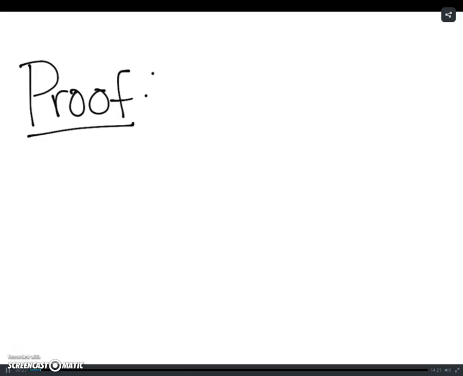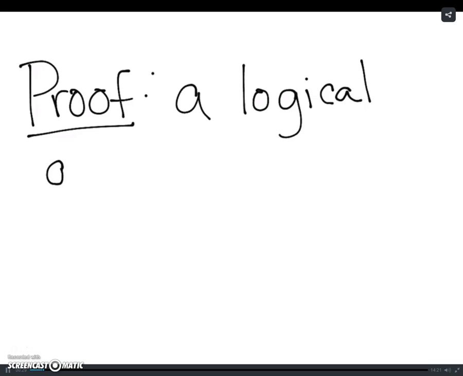So first of all, let's talk about what is a proof. And the definition is in your book. But a proof is going to be a logical argument, and so that's part of why we've been talking about logic.